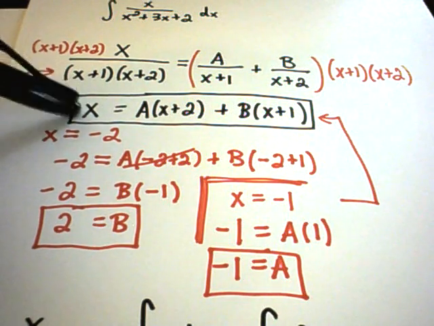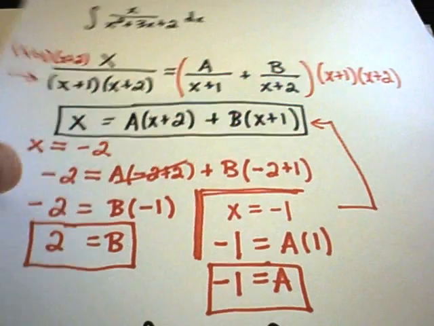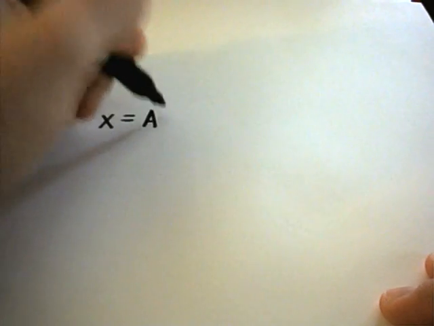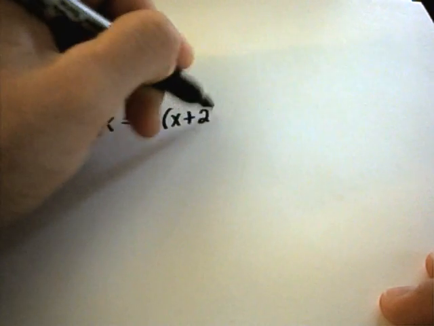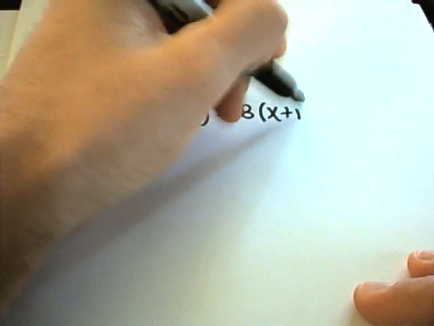So I'm going to come back to this equation, the thing I'm going to work on now. Again, we said we had x equals a times x plus 2 plus b times x plus 1.